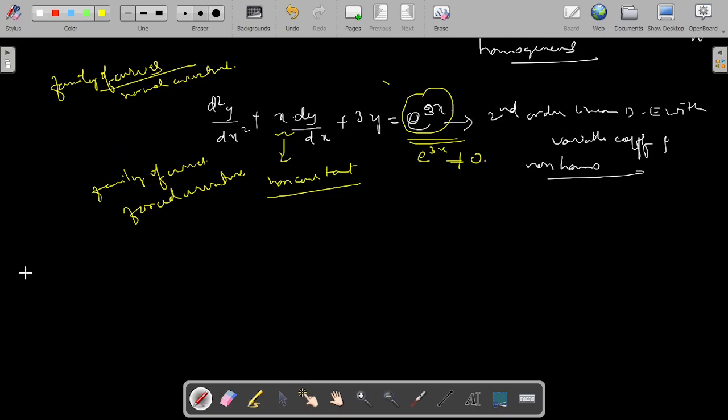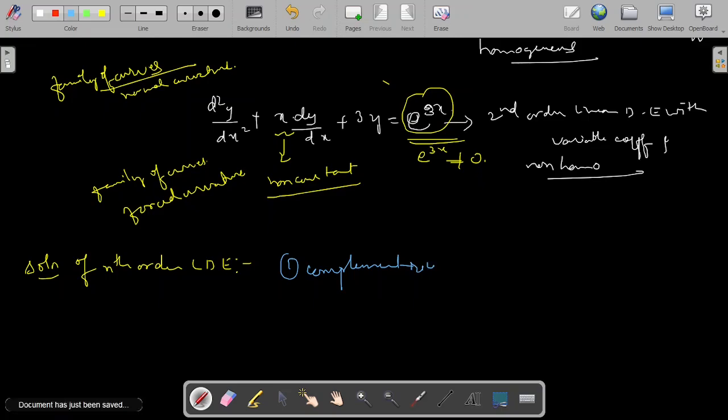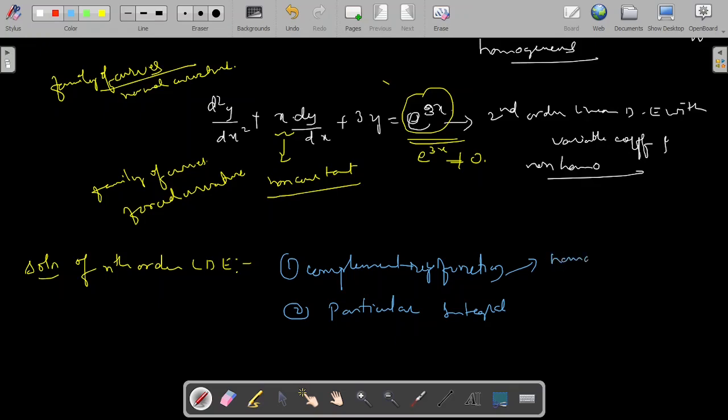Therefore, when you are solving an nth order linear differential equation, you have two sets of solutions. One is the complementary function, another is the particular integral. The complementary function is the solution of the homogeneous equation, and this is the solution of the non-homogeneous equation.